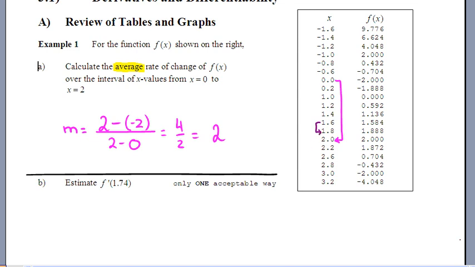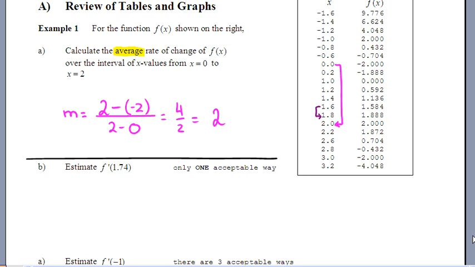And so if I had to do my best guess of the derivative at a number in between those two x values, what I would do is say, well, let's do a very small average rate of change. Let's take the points that are right before and right after that. So the final y value after that is 1.888. And then the one right before it is 1.584.